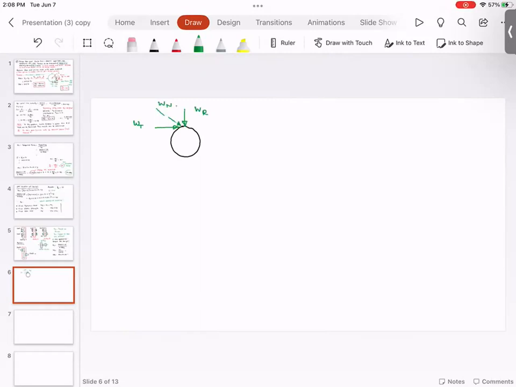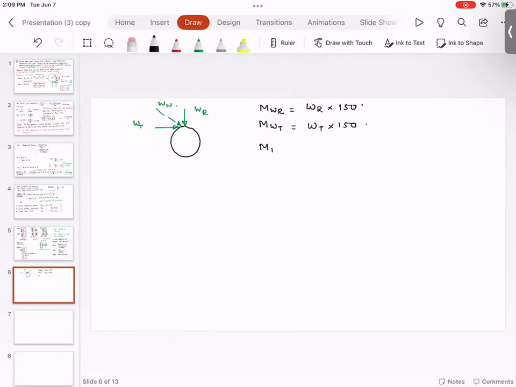So we are going to find out the maximum values of the moments and the torque. So moment because of the radial load is Wr multiplied by 150. Moment because of the tangential load is Wt multiplied by 150.